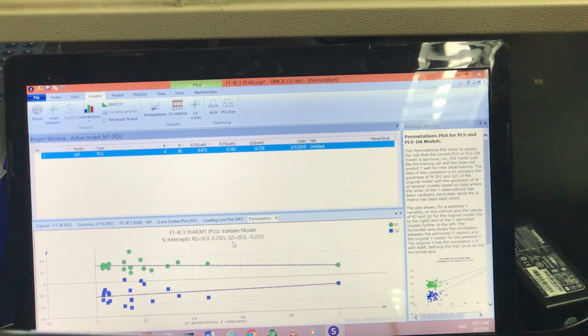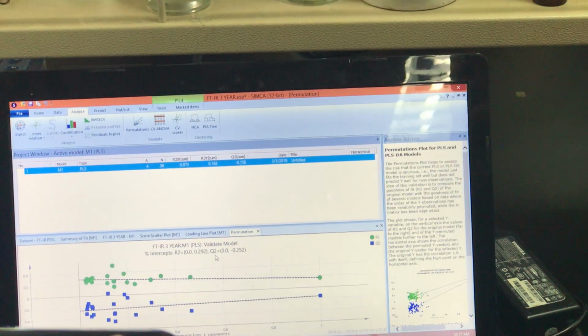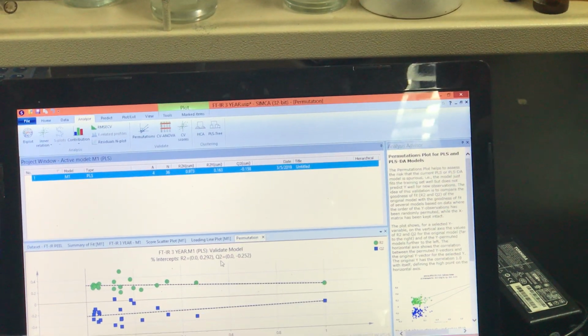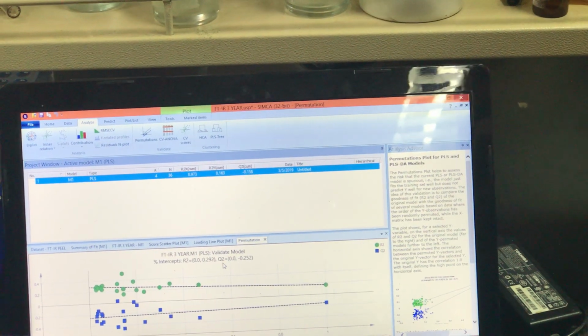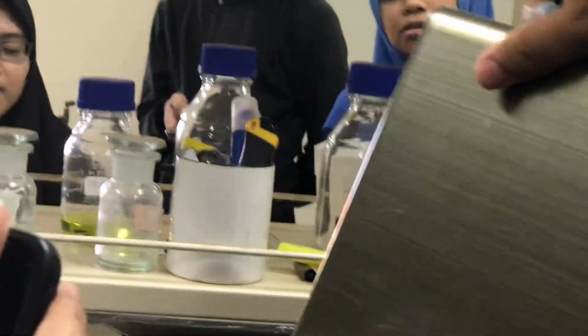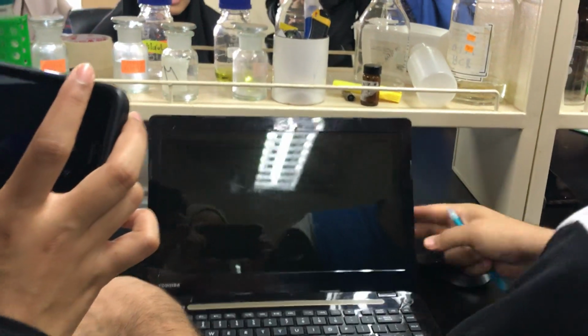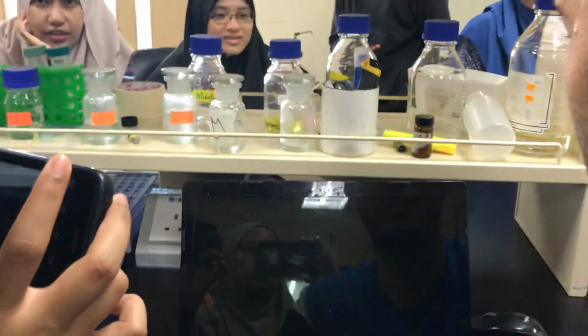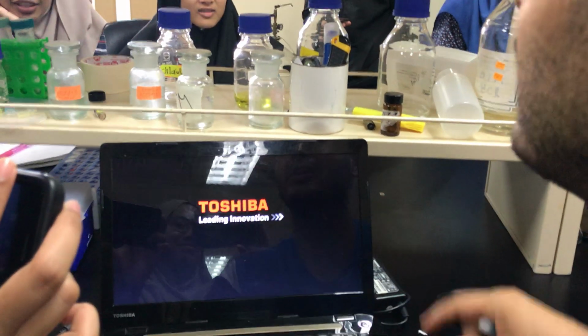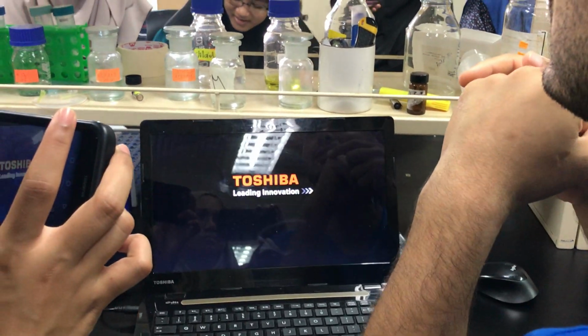How we validate, this is the permutation. Q and R should be how much? The permutation, this one. Yeah, this one. I remember Dr. Alfi already told you about it.